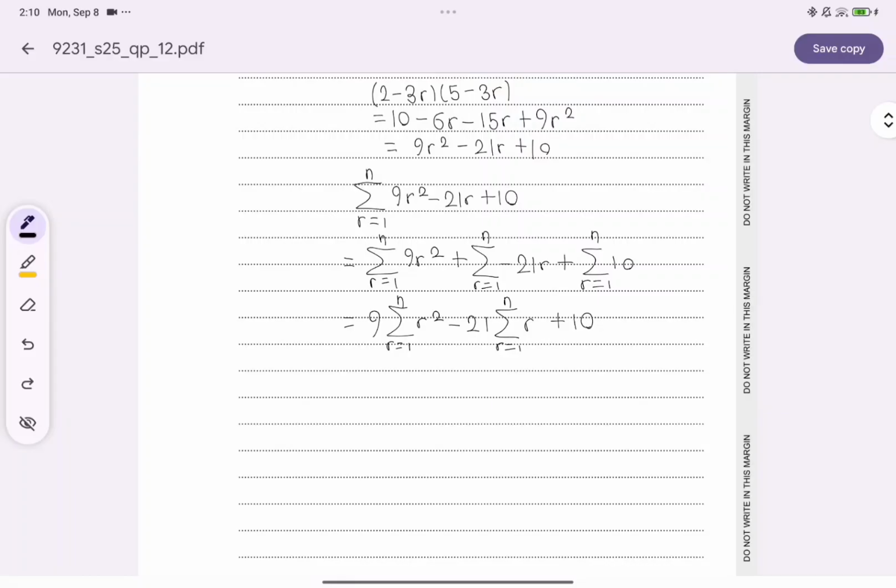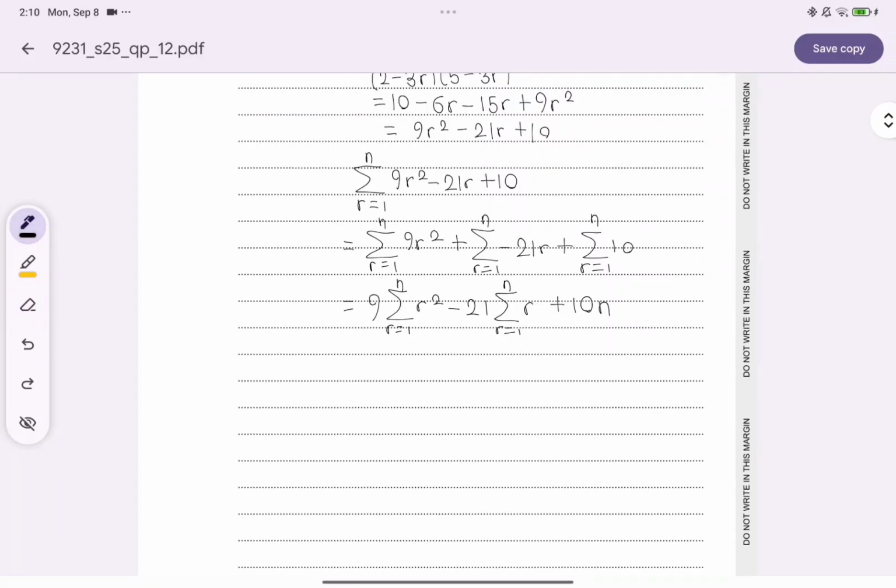So this would just be 10n. So you have to be aware of this. It's not given in the formula list. So for the summation of any constant k from r equals to 1 to n, it's just kn. Okay, so you should be aware.